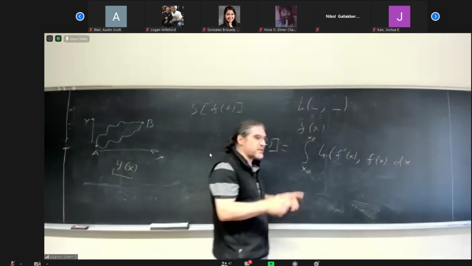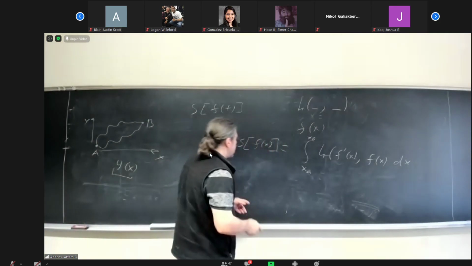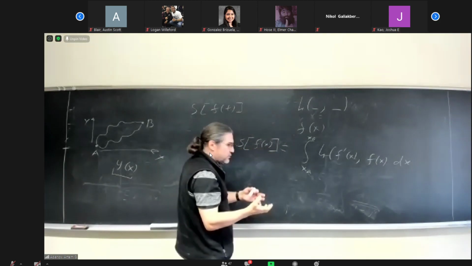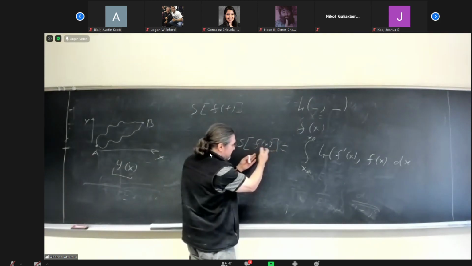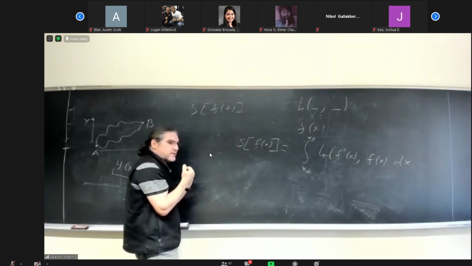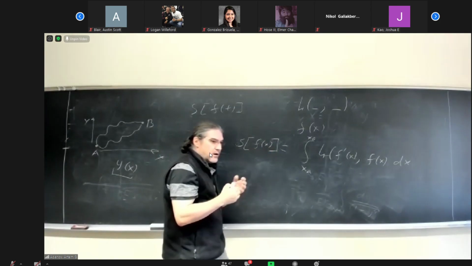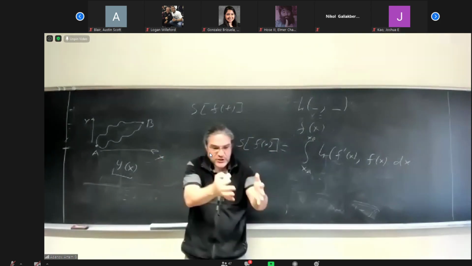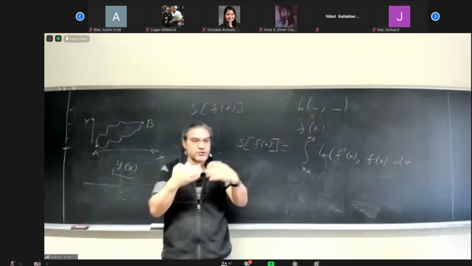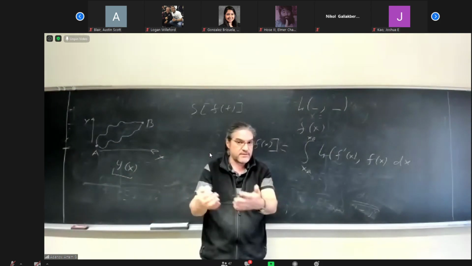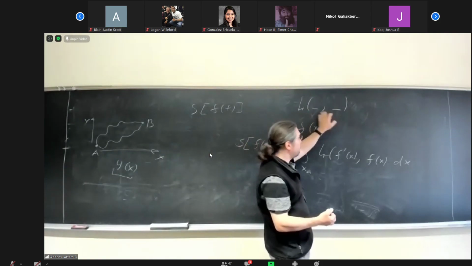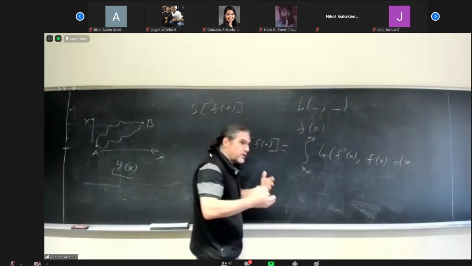What's a functional? I give you a function f of x, and it returns me a number, by some rule. Now I need to specify that rule in order to specify the functional. It is specified by this single function of 2 arguments in the following way.